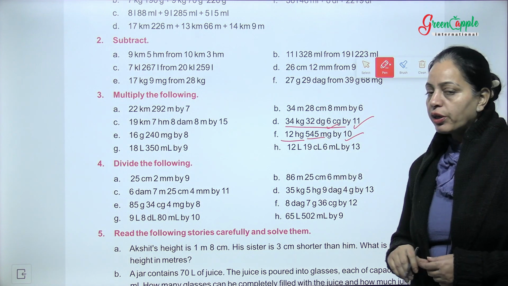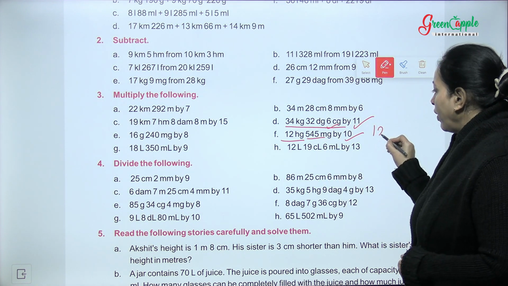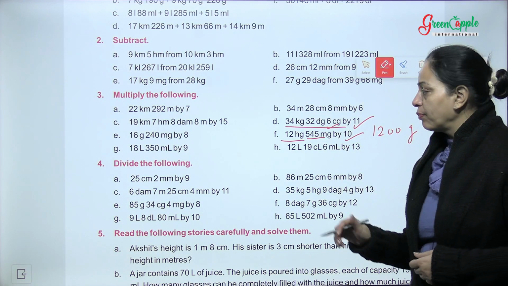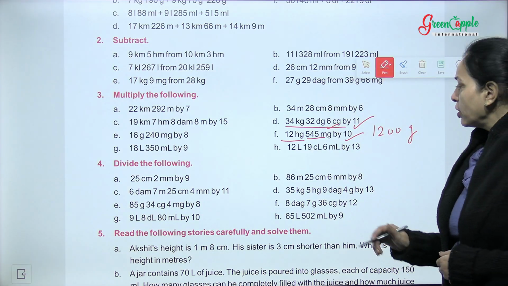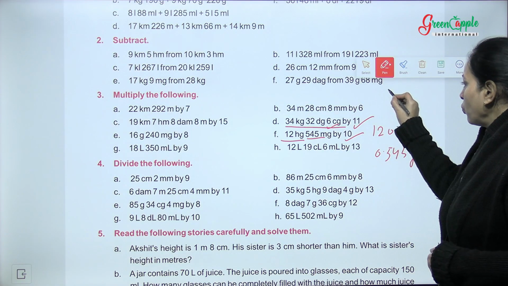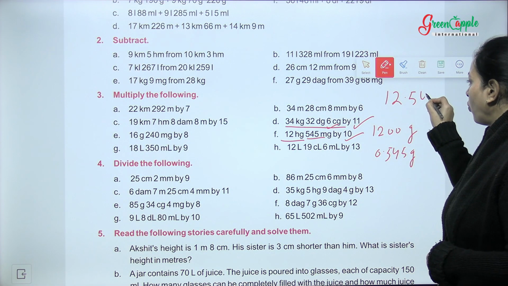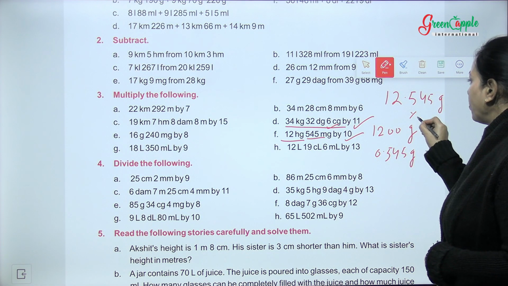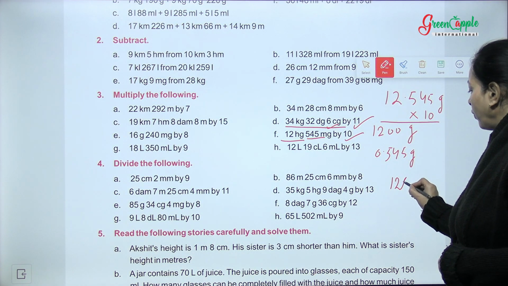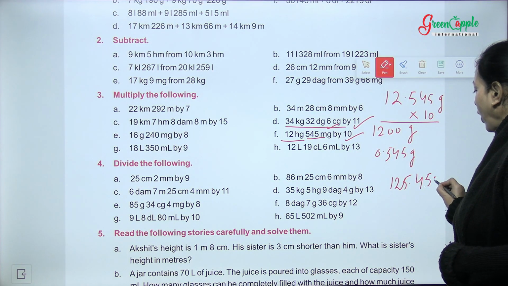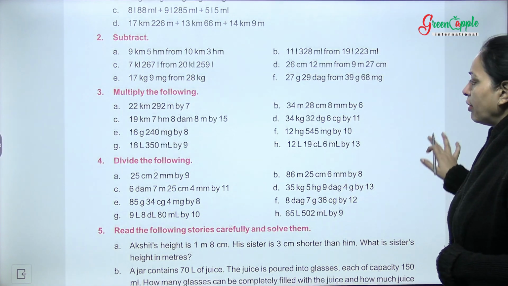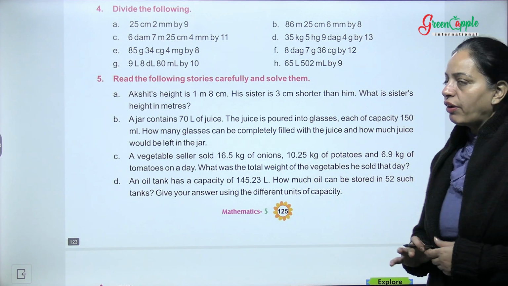So convert into gram. 12 hectogram is 1200 gram and 545 milligram, so divided by 1000, this is 0.545 gram. So we are getting 12.545 gram multiplied by 10. So what is the answer? Answer is 125.45 grams. So you have to be a little bit careful here. Okay. Now similarly fourth question, divide the following and try these questions.